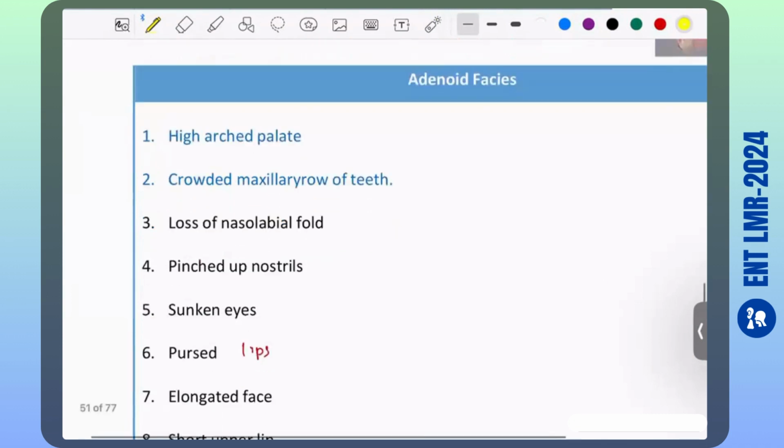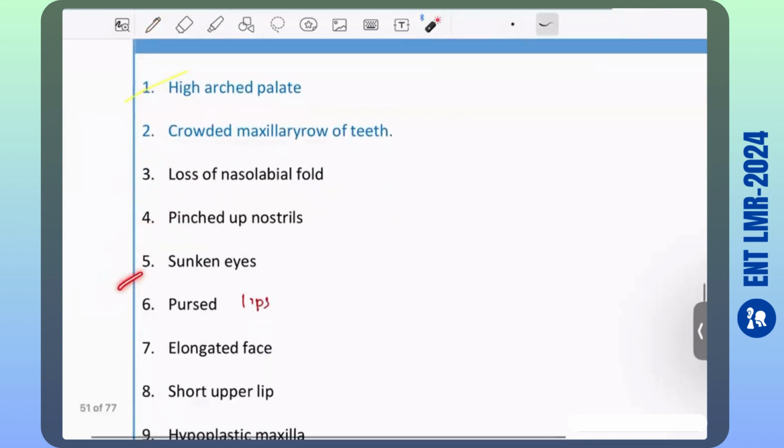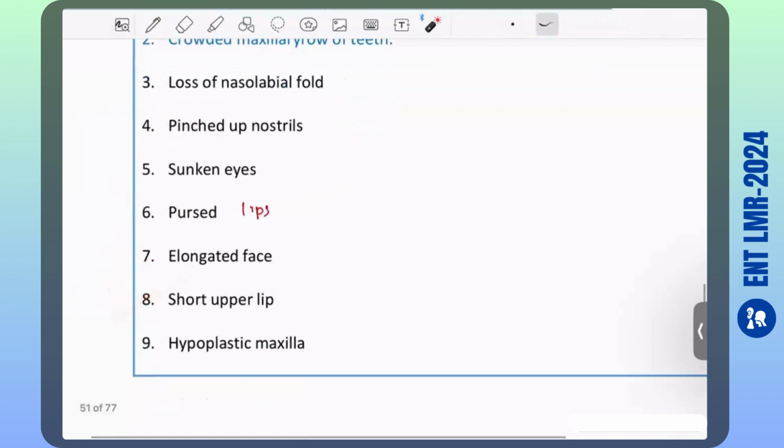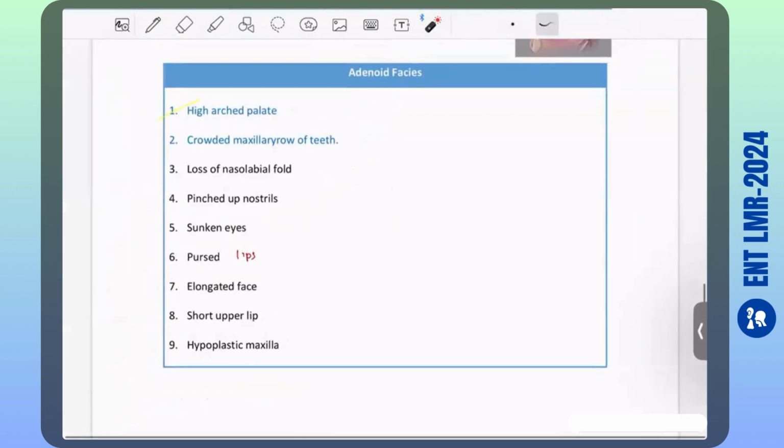The patient will have a high arched palate, crowded maxillary teeth, loss of nasolabial fold, pinched-up nostrils, sunken eyes, pursed lip breathing, elongated face, short upper lip, and hypoplastic maxilla. So these are the features of adenoid facies.